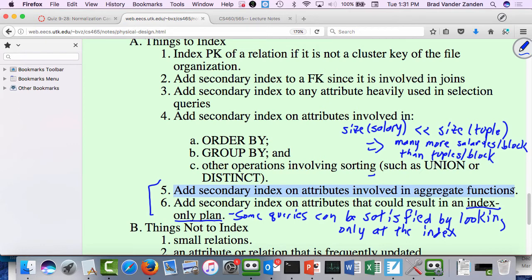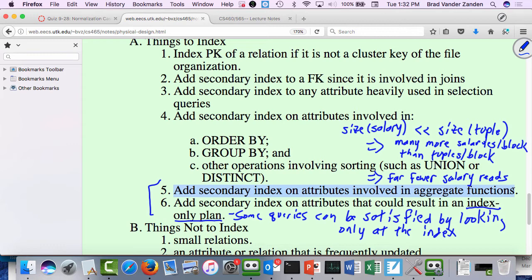Which implies far fewer reads on salaries. So the index takes up much less storage, so reading it sequentially is going to be faster than reading the file sequentially. So even if the index isn't sorted, it's actually still faster to find the minimum or maximum salary by simply looking at the index.